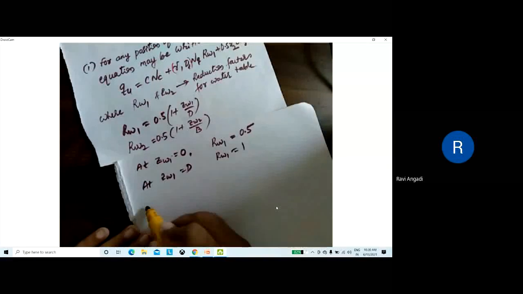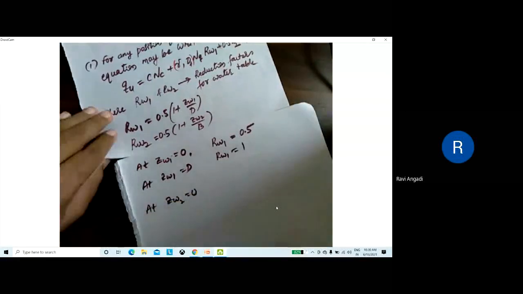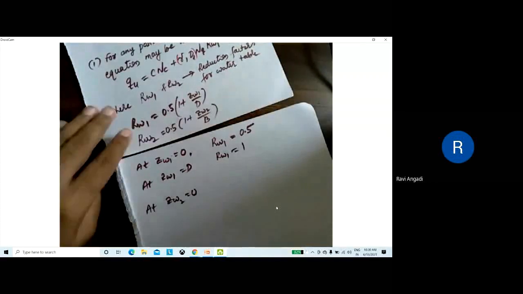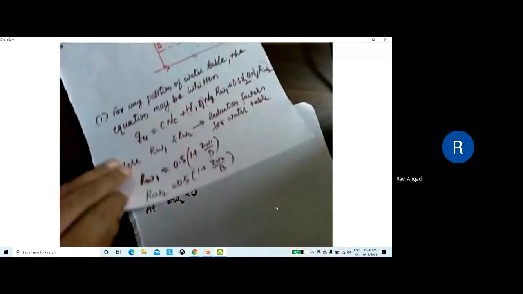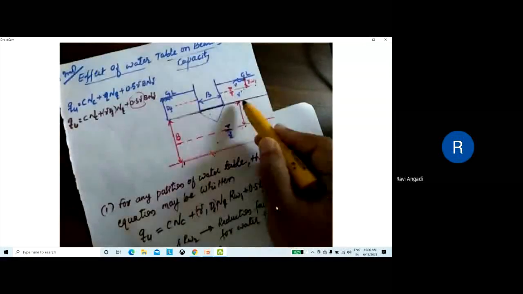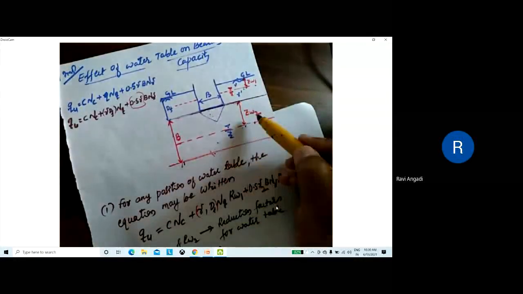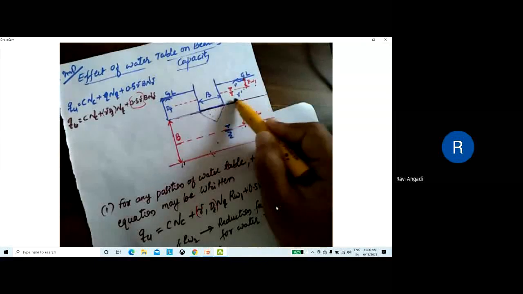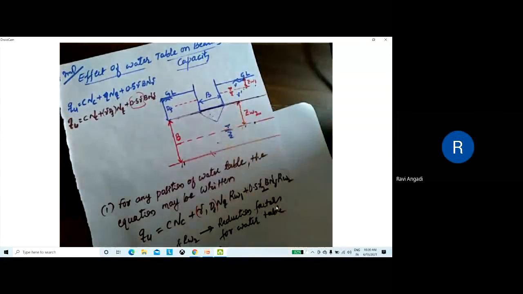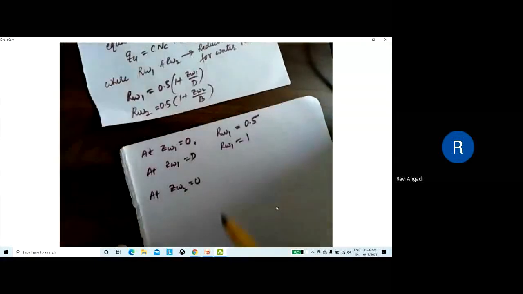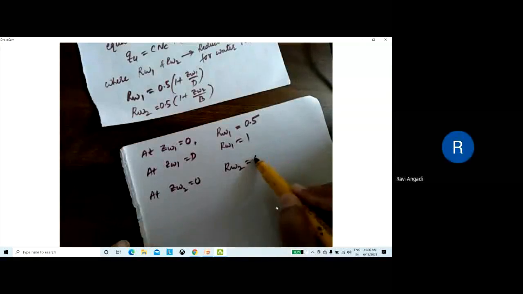Similarly, at ZW2 equal to 0, here, suppose I am taking below the footing, if ZW2 is equal to 0, means the water table is here. What is RW2? 0.5.